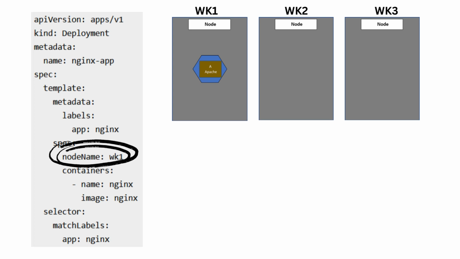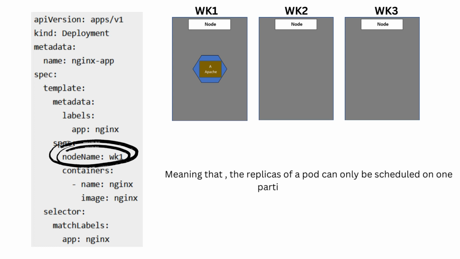Using the node name field to schedule a pod has its own drawbacks because node names are unique, meaning that pods can only be scheduled on just one particular worker node amongst other worker nodes in the cluster. However, the good news is that you can add additional labels or manually assign custom labels to your nodes.